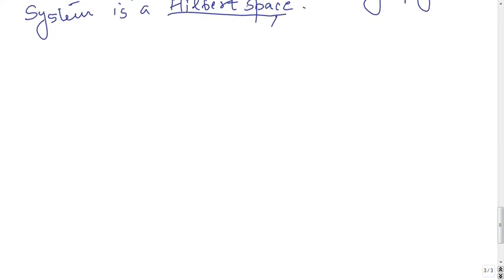Any isolated system, meaning it is completely detached from the rest of the universe, is completely described by a unit vector in this Hilbert space, denoted by this ket xi.